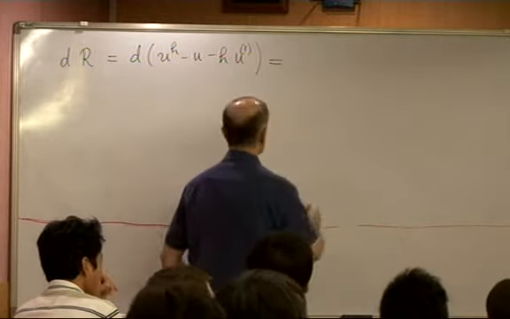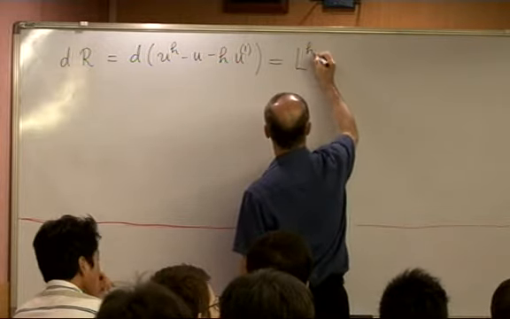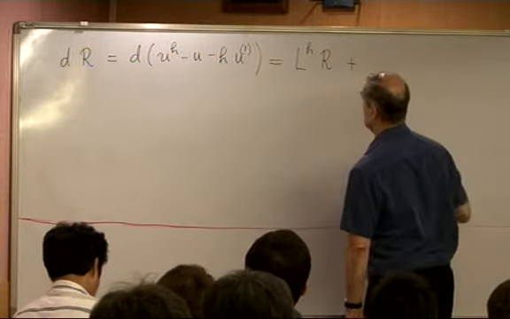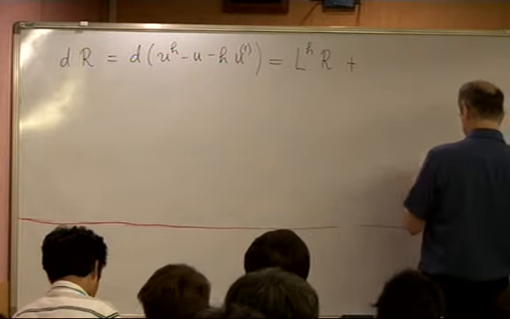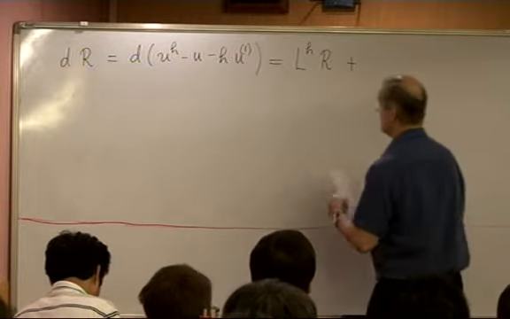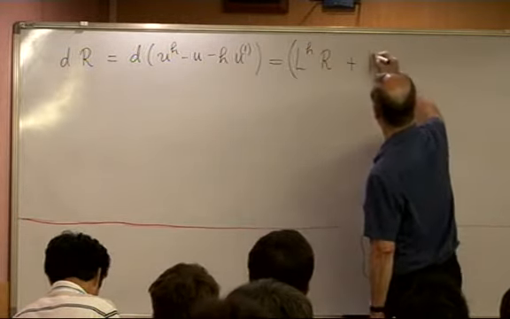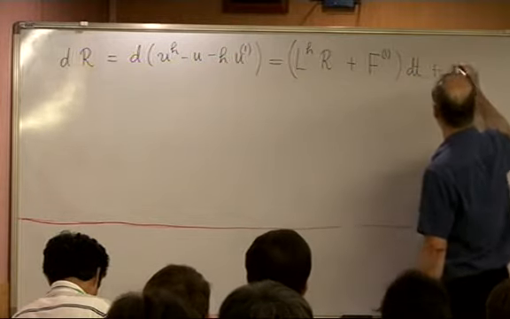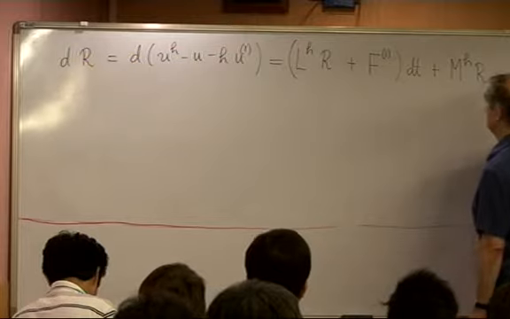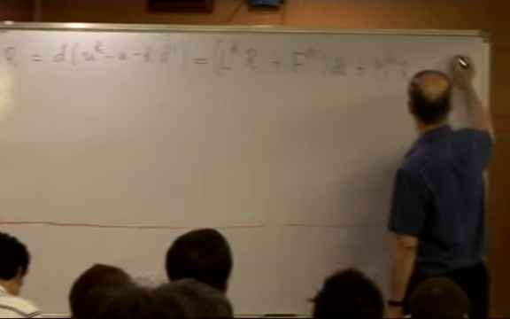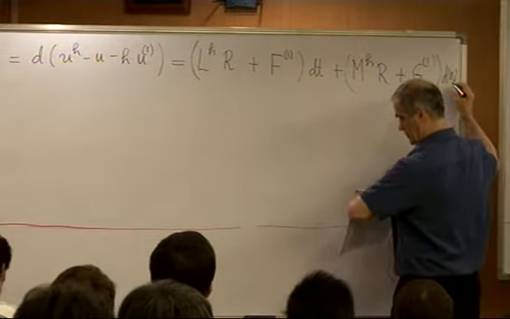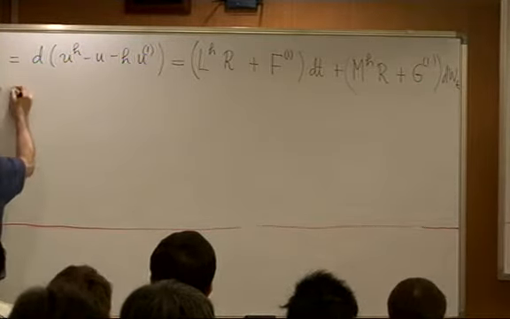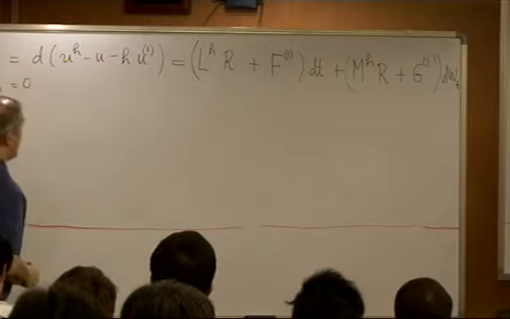Then we can check the following, that this is LH on capital R plus, my notation, I don't remember my notation, so now maybe I put here F1 dt plus NH R plus G1 dWt, and the R at 0 equals 0.